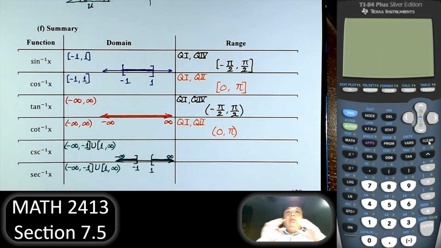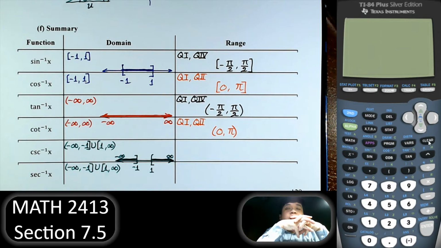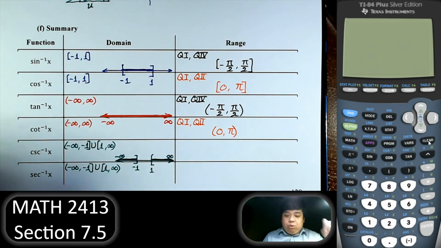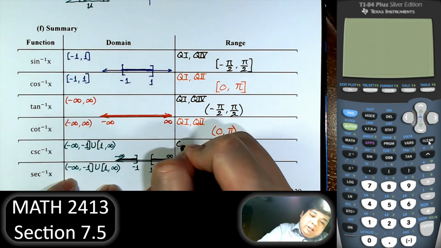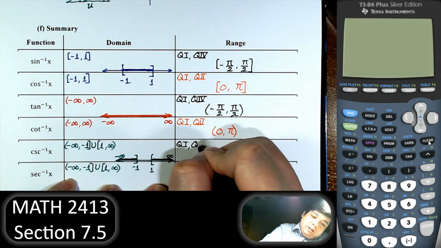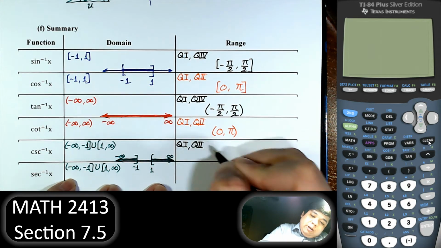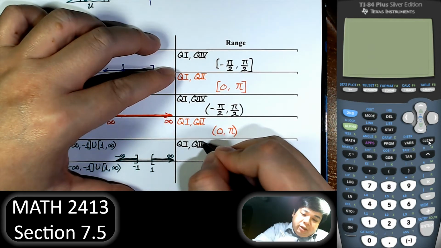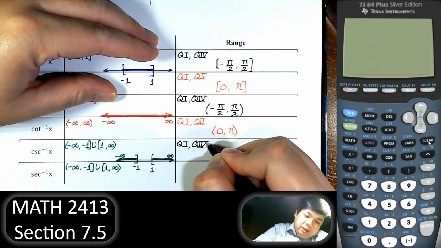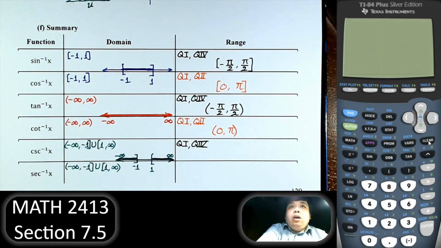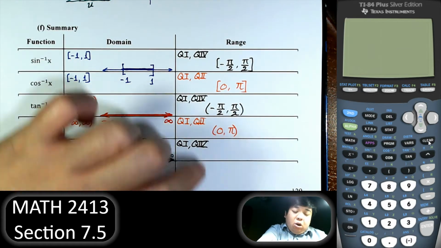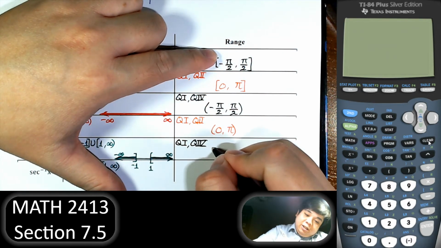Cosecant. Well, cosecant is 1 over sine, so this will be similar to sine. However, it's not going to be exactly like that.